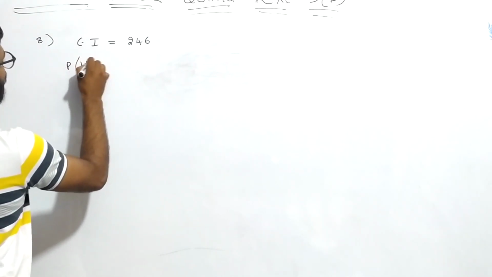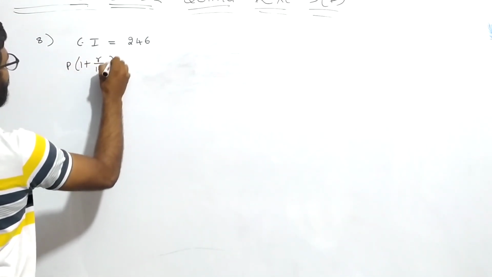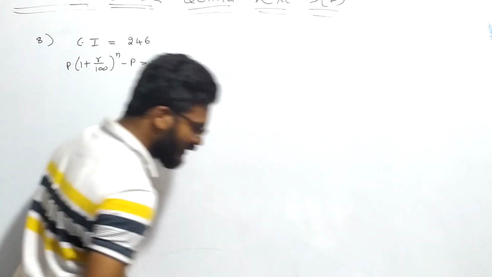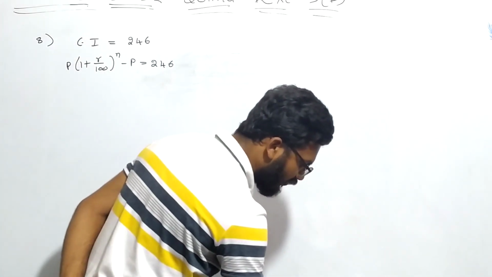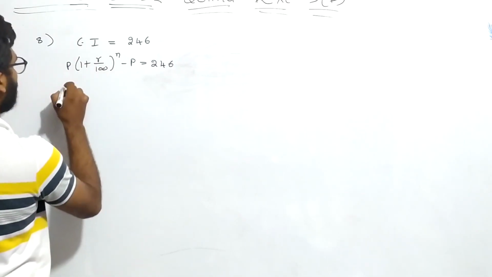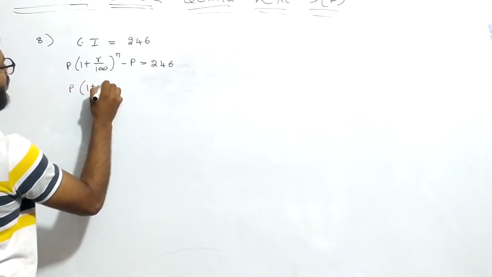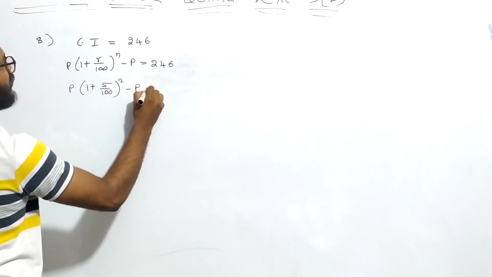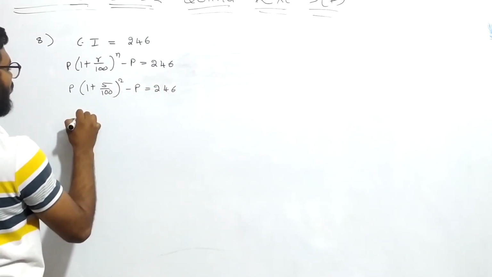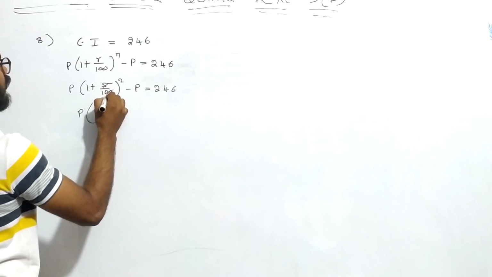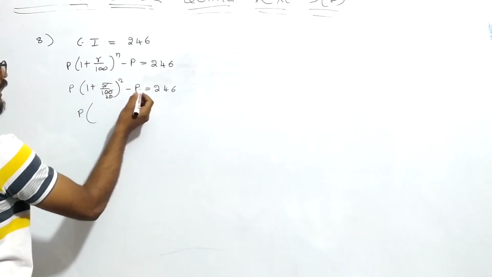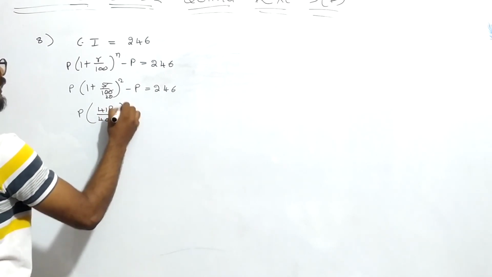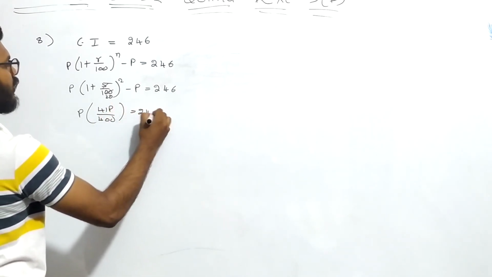P into 1 plus R by 100 whole power n minus P is equal to 246. Rate of interest is 5 and years is 2. So P into 1 plus 5 by 100 whole square minus P is equal to 246.